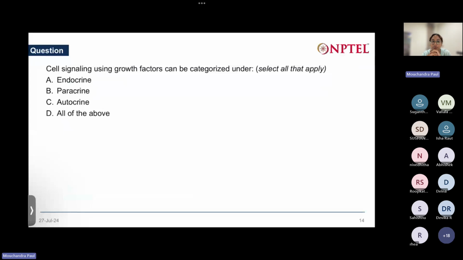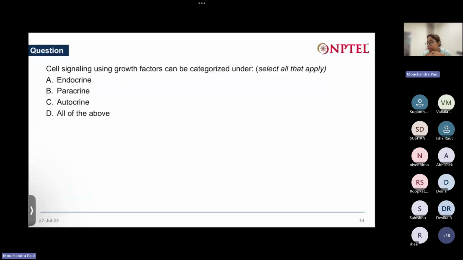Let me repeat the question again. How would you categorize cell signaling using growth factors? Whether it will fall under endocrine signaling, paracrine signaling, autocrine signaling, or all of the above.